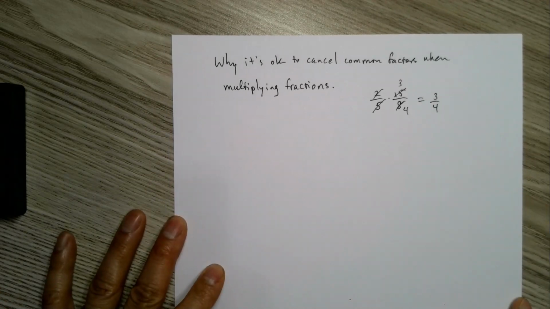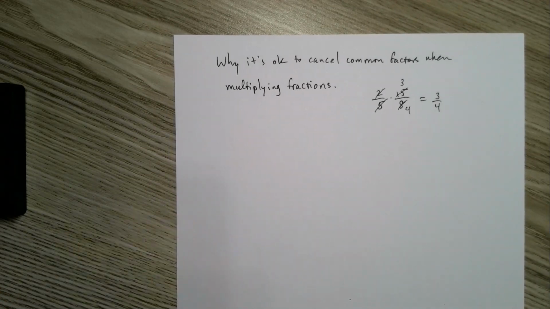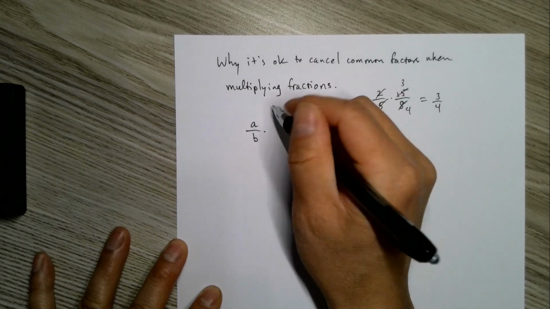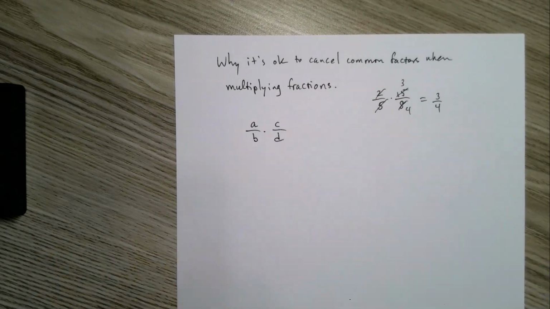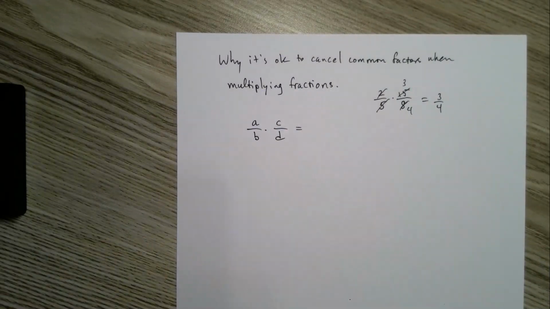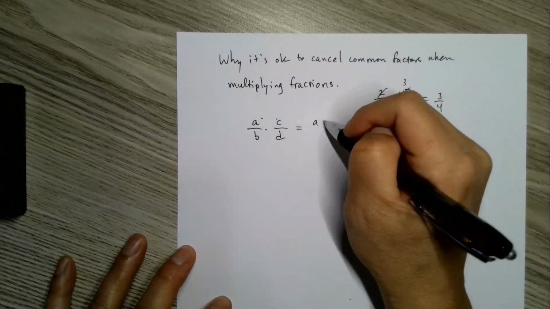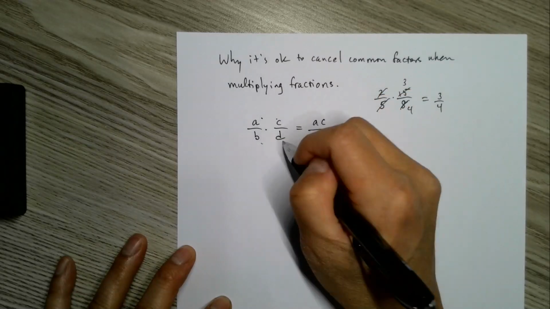So first I've got to lay down some laws that you probably already know, but maybe you never thought about in terms of multiplying fractions. The first thing is, when you have two fractions that you're going to multiply, you are perfectly allowed to multiply the numerators together and the denominators together.